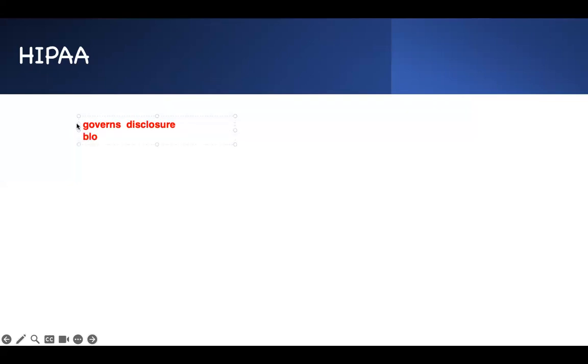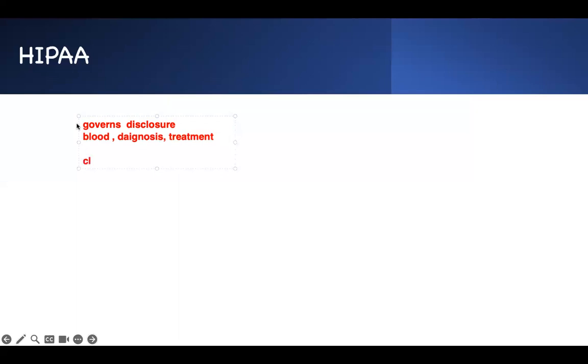Your blood work, your diagnosis, your treatment against your medical consent. The hospital cannot do that, or co-workers cannot do that. Very, very important. All he's asking is just make sure you don't disclose things about me so that anybody who gets the information will know who I am.